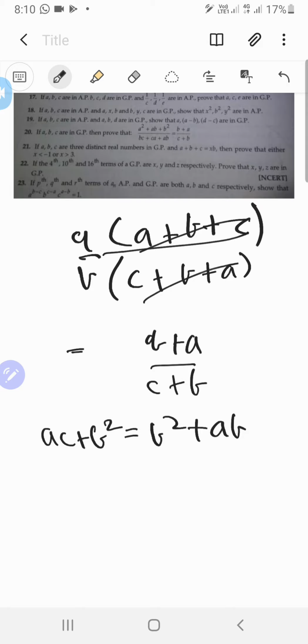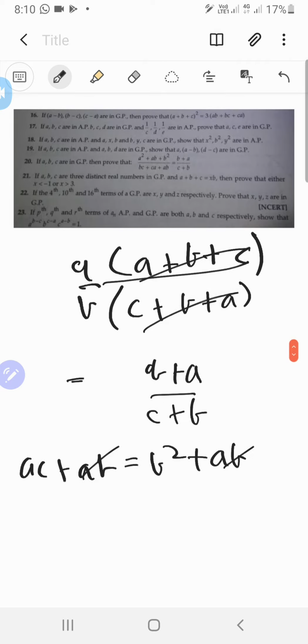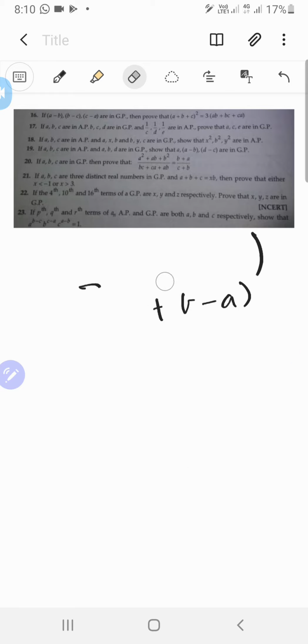Sorry, no, this was ac plus ab, not b squared. So ac plus ab equals b squared plus ab, which is obviously correct because a, b, c are in a GP. So yeah, that's obvious. Let's go to the next question.